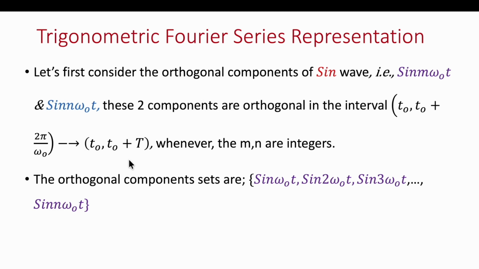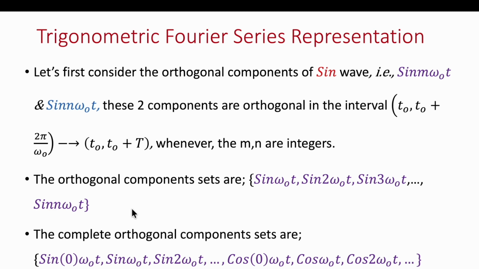You can write the orthogonal components using these sets. But these are not the complete orthogonal components, because the cos wave is also there. So you need to write the complete orthogonal set as sine 0 omega naught t, which is always 0, so you can omit it if you want, but I write it for the sake of simplicity.